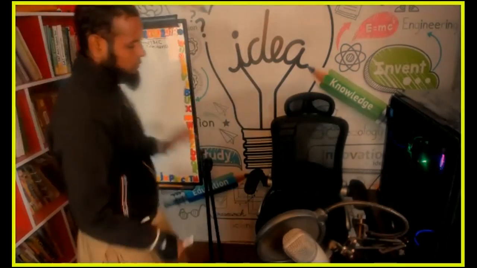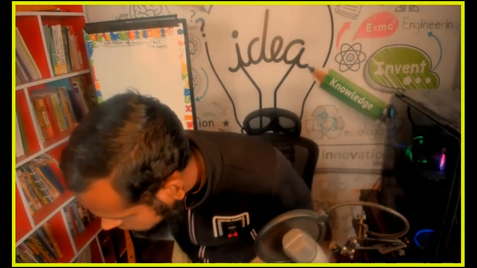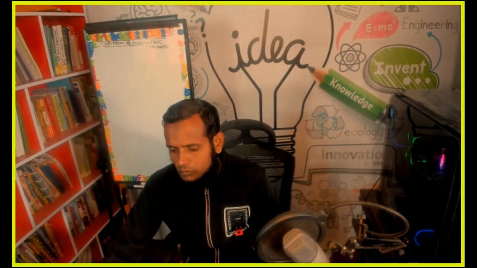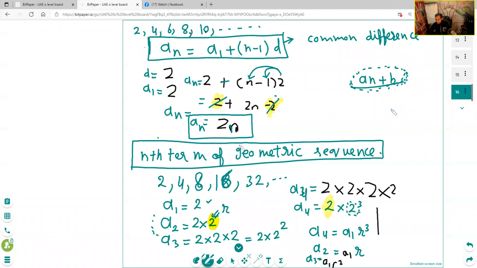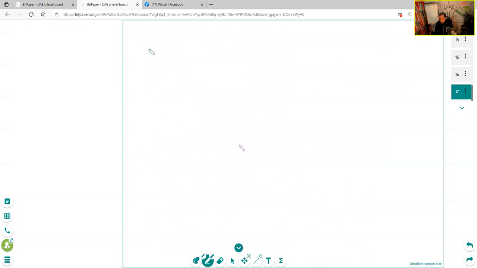Come on, bit paper. The sequence is 3, 6, 9, 27, 81, and so on.